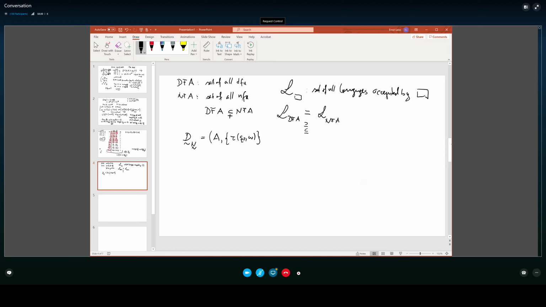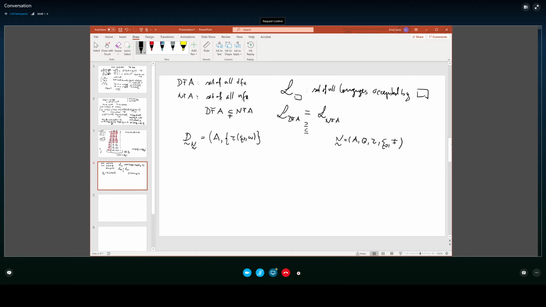So we have an NFA, which is Q, tau, q sub 0 and F. And so this DFA is basically, the alphabet of course is the same.